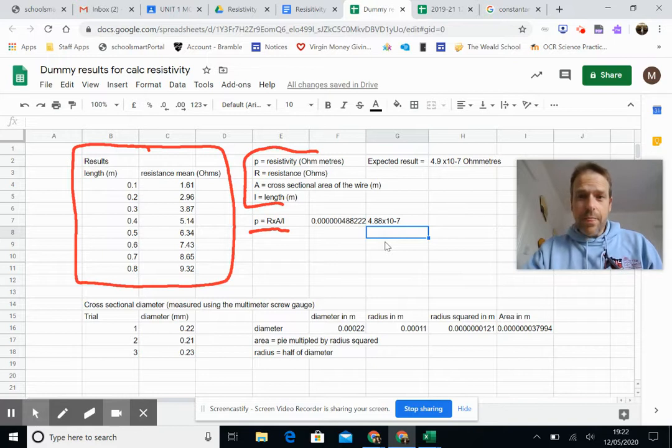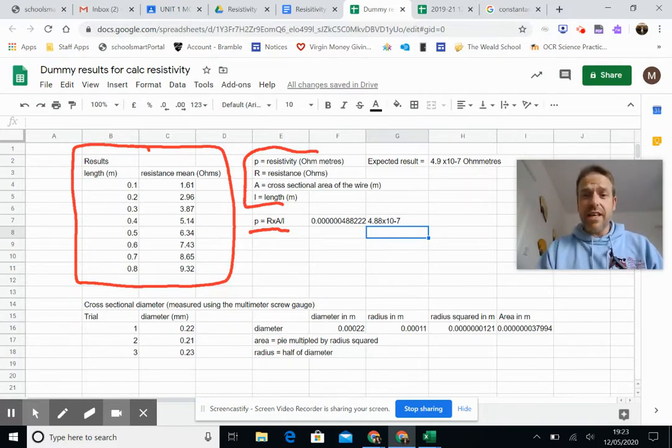Okay, so this is what you would need to do. Calculate your resistivity. You don't need to do it for every length, okay? But what you might want to do is do it for a couple, or you might want to do it for all of them, and then pick the one that's closest, or a couple, and do an average.